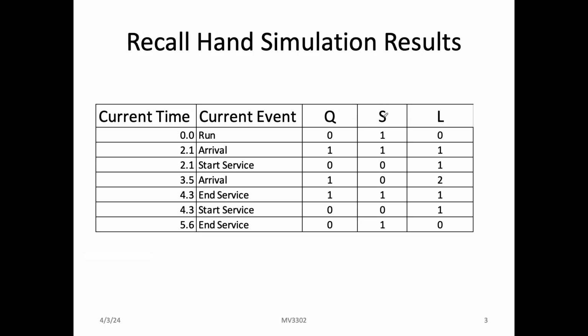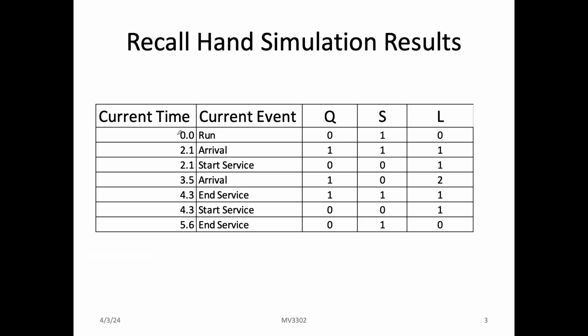Number in Q, number of available servers, and then L, which was derived from the other two. And these are the data for the state trajectory. So here over time, you notice the time in a discrete event simulation does not move at constant increments. It moves in jumps.